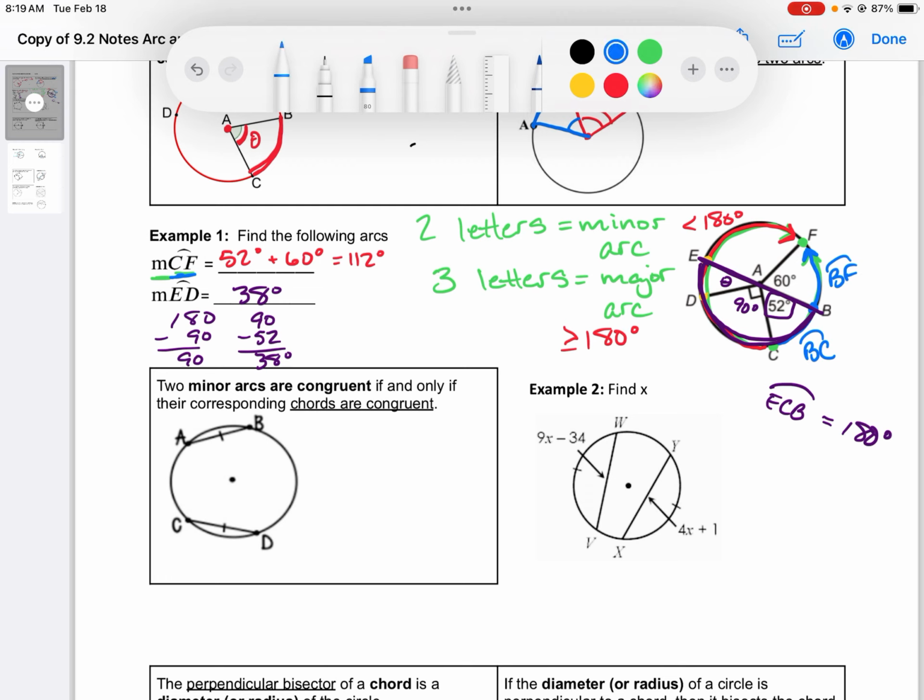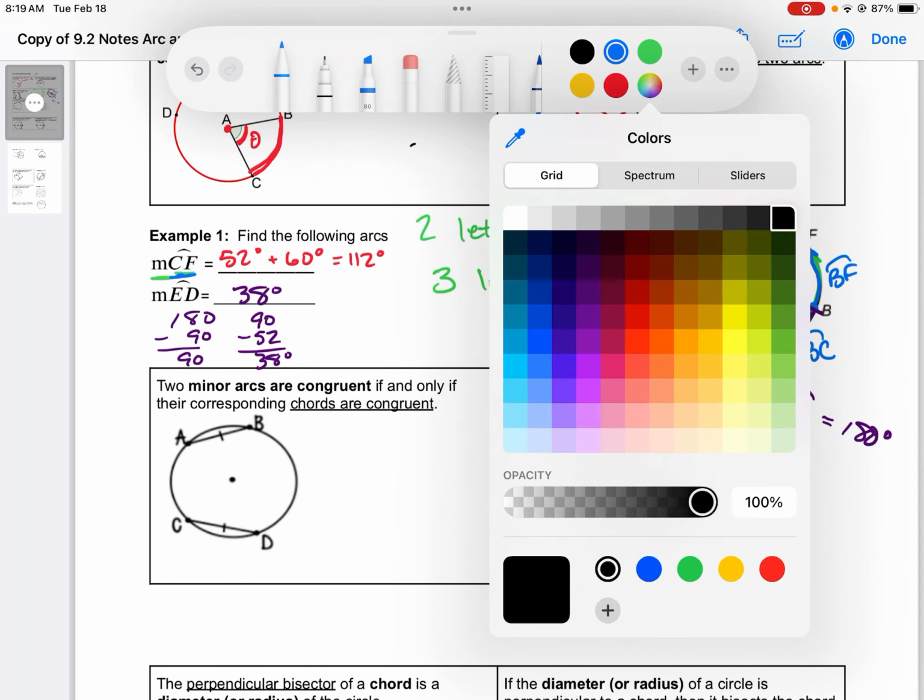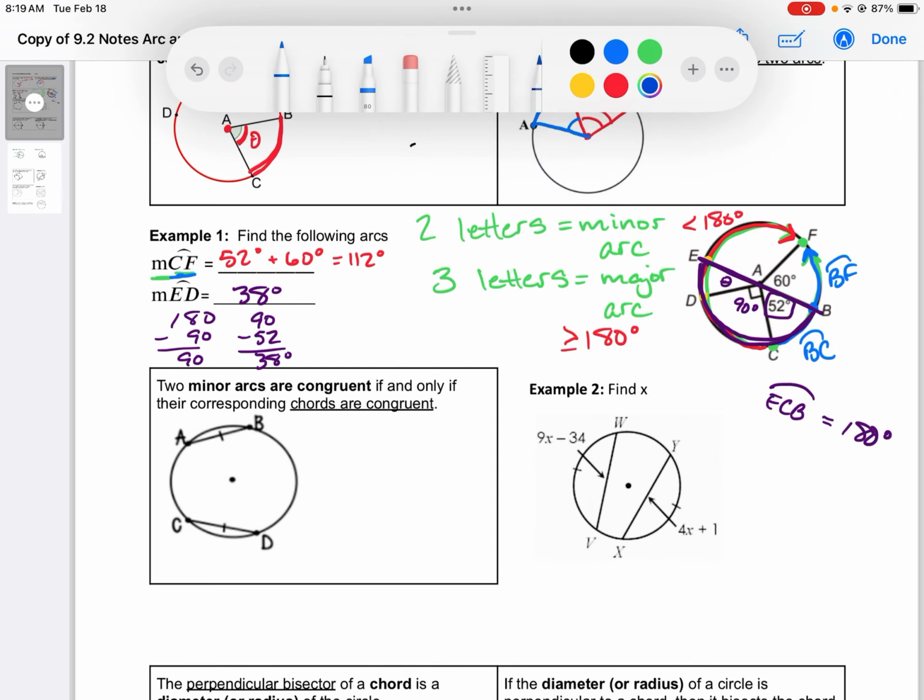Two minor arcs, again, just arcs going less than 180 degrees along the exterior or perimeter of the circle, are congruent if and only if their chords are congruent. So see here we have chords AB and CD, and they have this little mark on them showing that they are congruent.